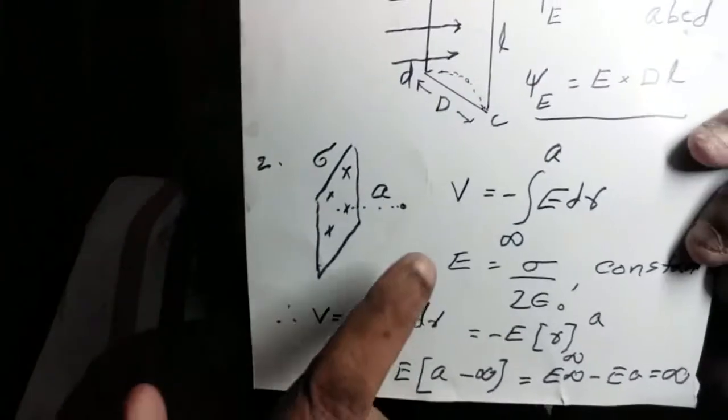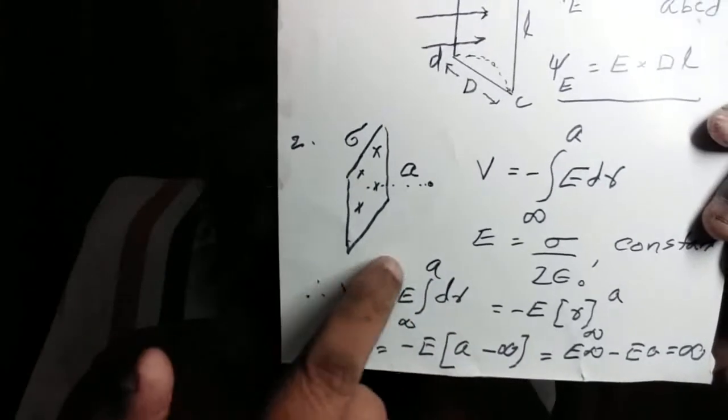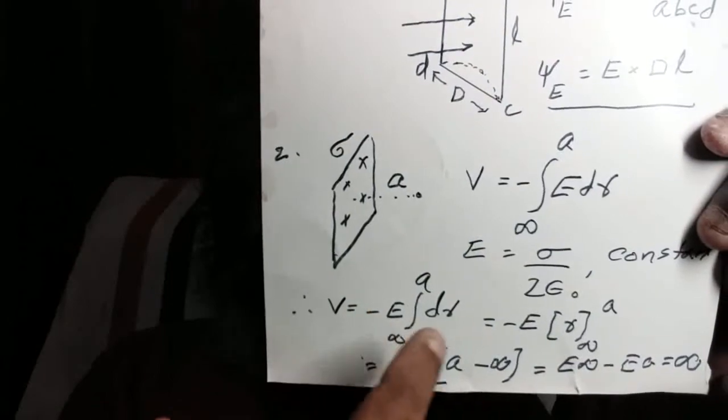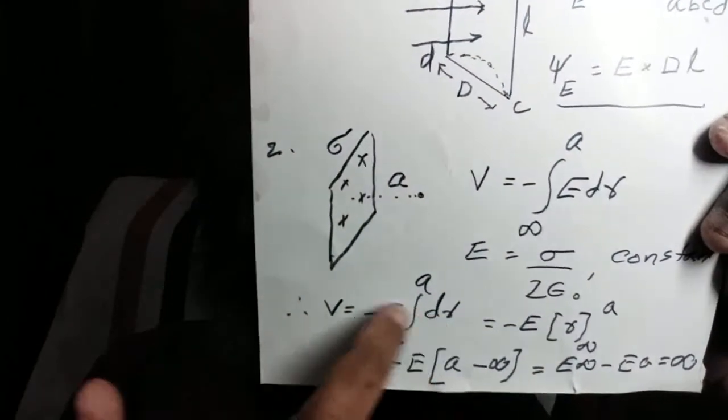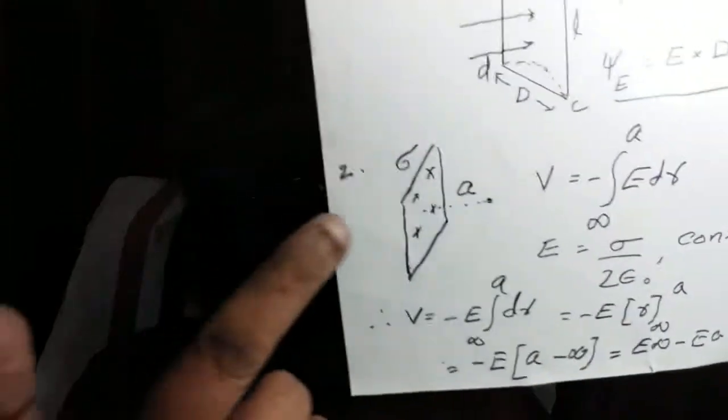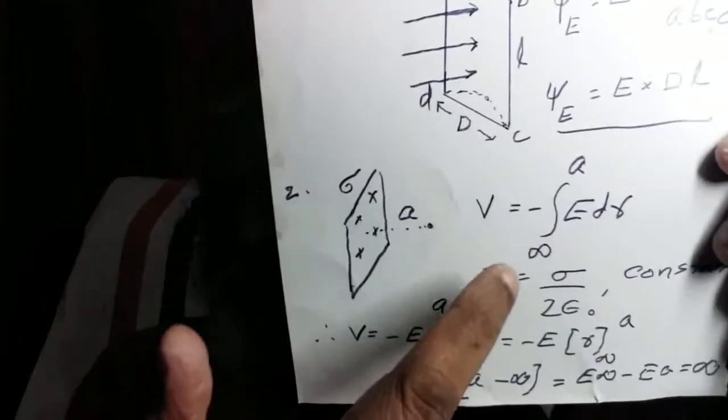So V equals integral of minus E dr. Since E is a constant, you can take it outside the integral. The intensity of a plane sheet is sigma by 2 epsilon 0. That is a constant, or the field created by a uniformly charged plane sheet is a constant, uniform field.